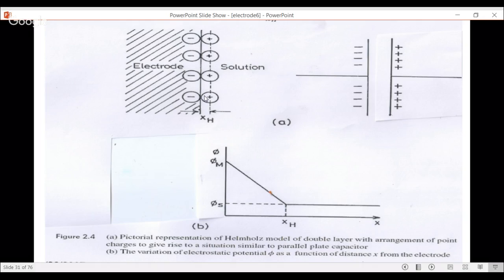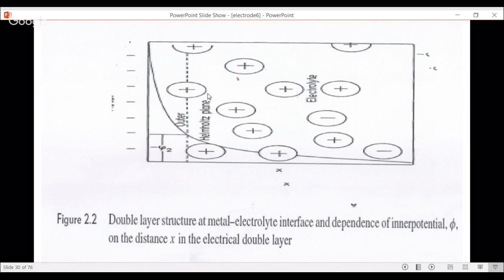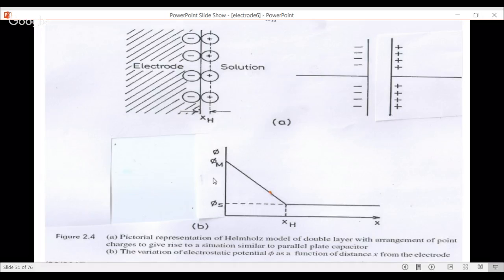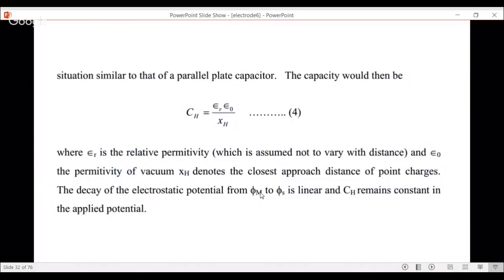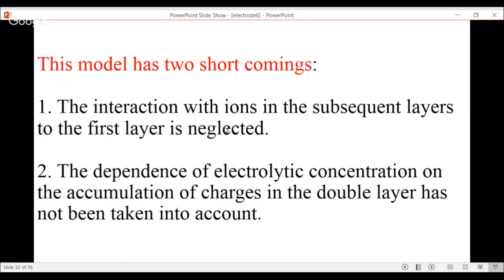Here, the distance between the electrodes can be different. You can see here the distance between the dotted line and the electrode, whereas the accumulation is away from the dotted line. So therefore, chi h is a variable parameter.